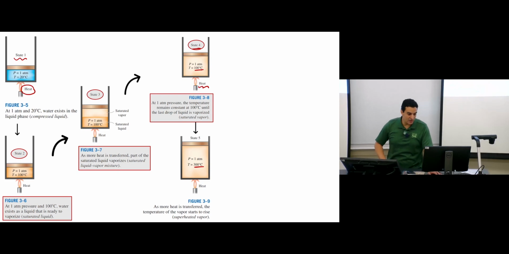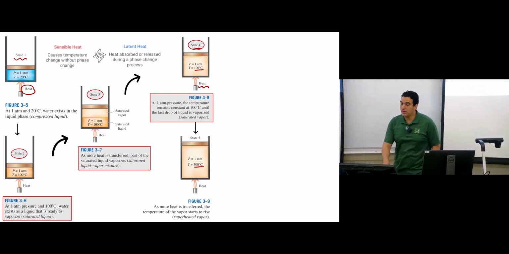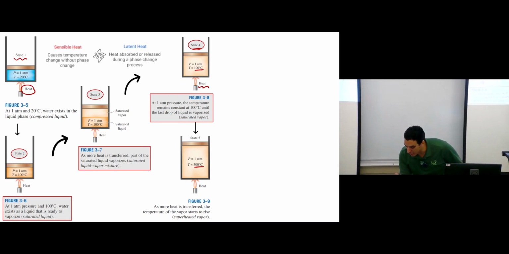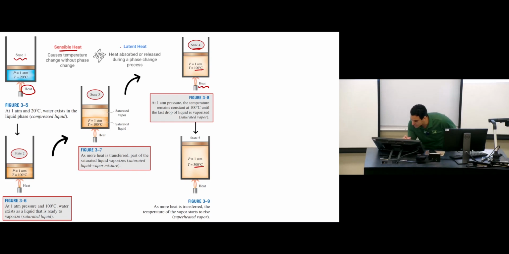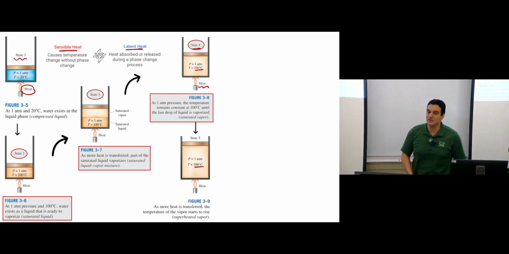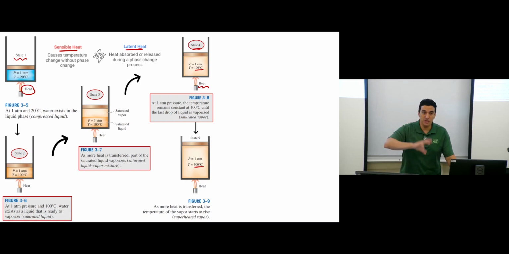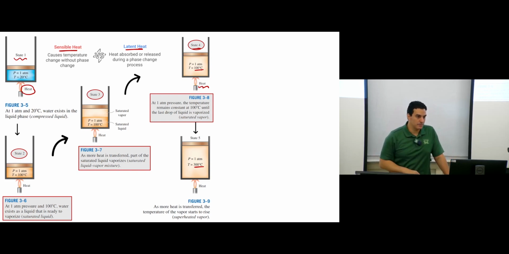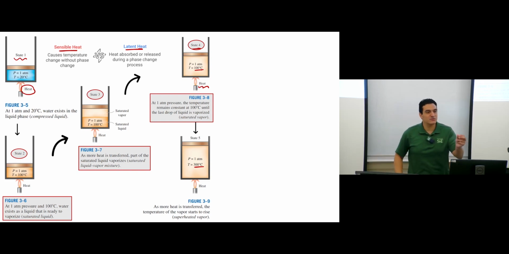This is why we always describe two types of heat. We have something called sensible heat, and we have something called latent heat. Both of them are heat you are adding to the system. Okay? But sensible heat comes from sense. You can sense it. How can I sense it?